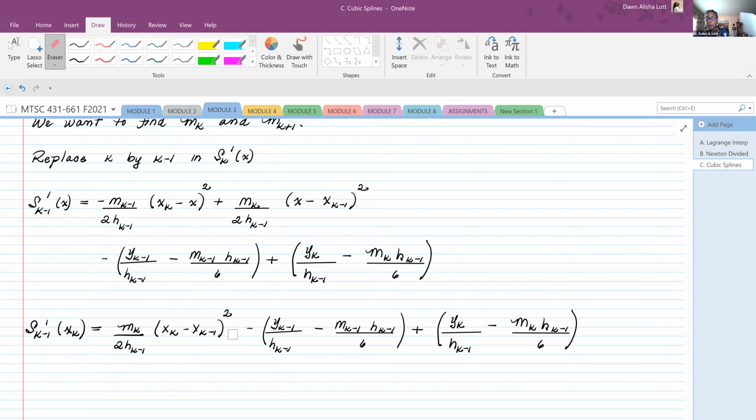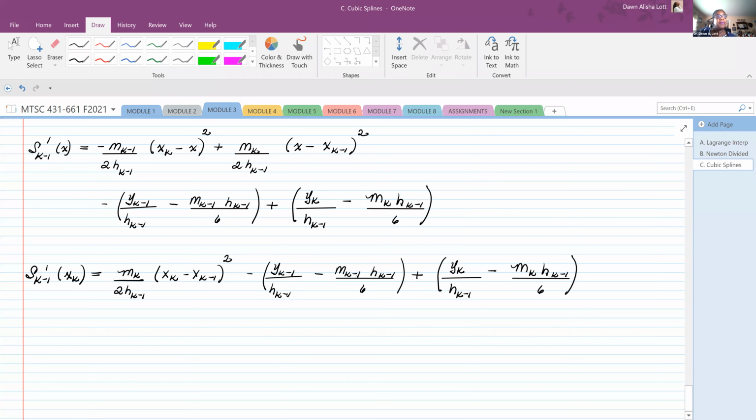So I can factor that out and simplify it. I'm going to simplify this one the way I simplified the other one. And so now I get S_{k-1}'(x_k).